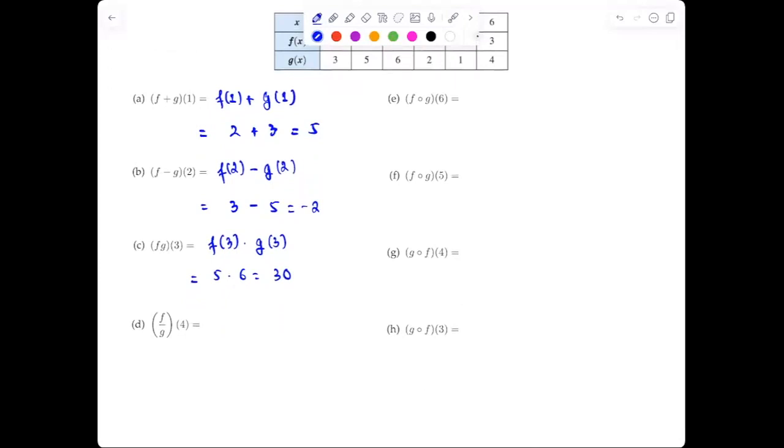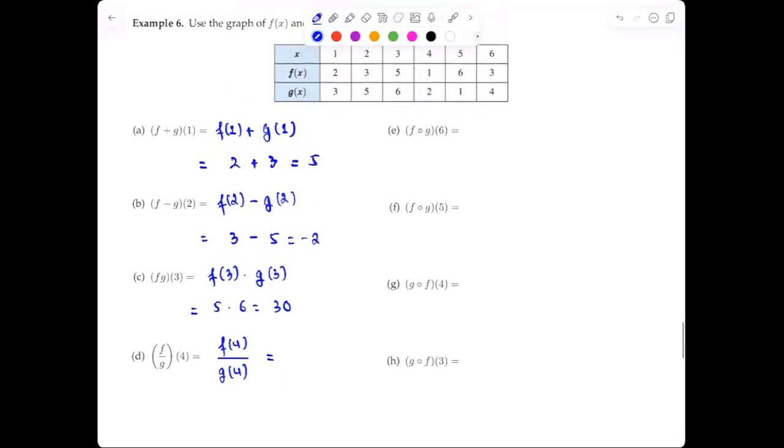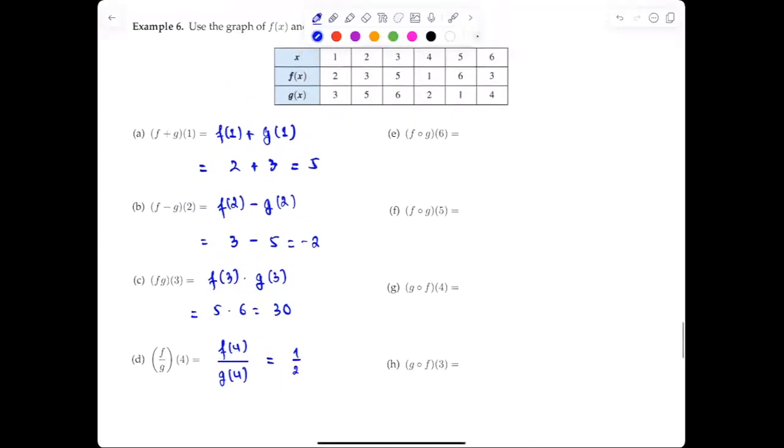Then the last one is f over g of 4, which gives you f of 4 over g of 4. f of 4 is 1, g of 4 is 2. So you get 1/2 for the answer. Good.